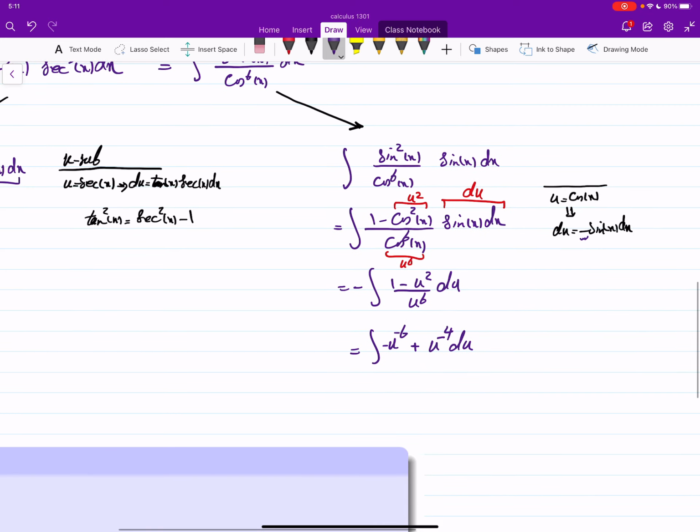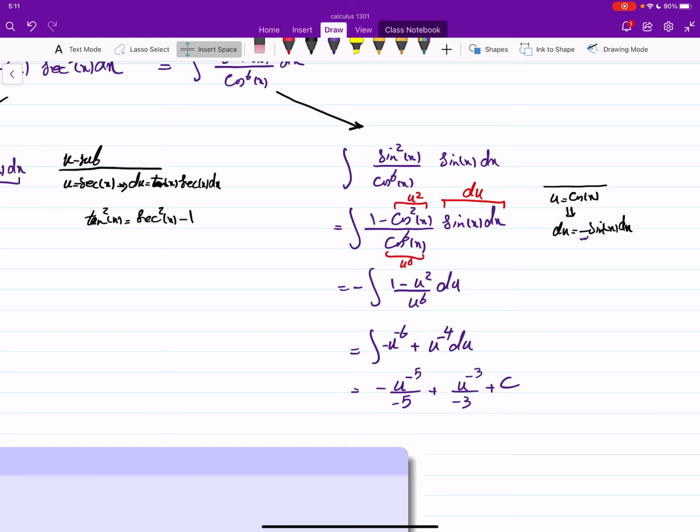And that is negative u to the power negative 5 over negative 5 plus u to the power negative 3 over negative 3 and then plus c.